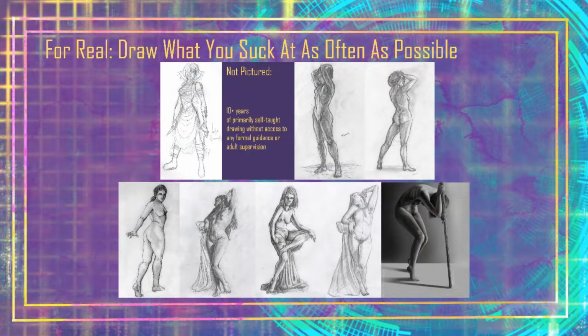And then the bottom row is all things I've done since starting art school. The drawing on the far right is actually a digital painting of a model done to emulate charcoal. But I like to think that you can see progress in understanding of proportion, anatomy, line quality, all kinds of things.